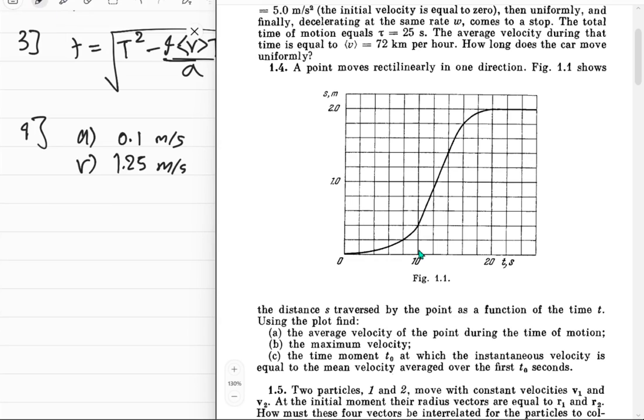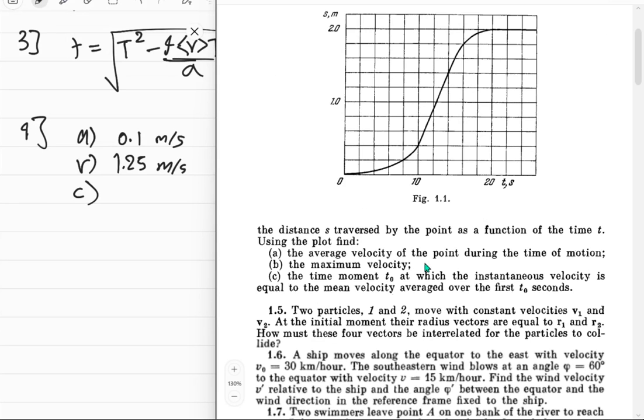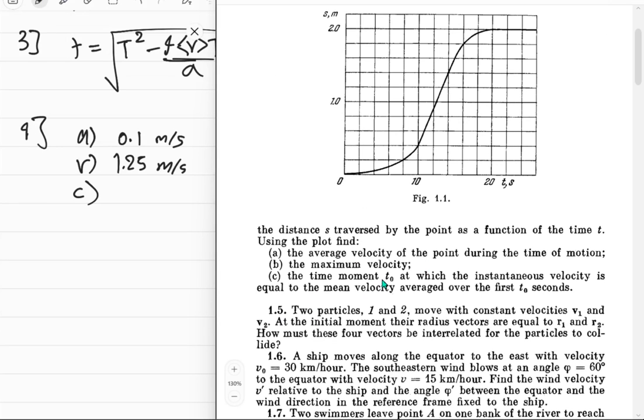Okay, cool. C. The time moment t naught at which the instantaneous velocity is equal to the mean velocity averaged over the first t naught seconds. What? Oh, okay. The instantaneous velocity is equal to the mean velocity, averaged over the first t naught seconds.